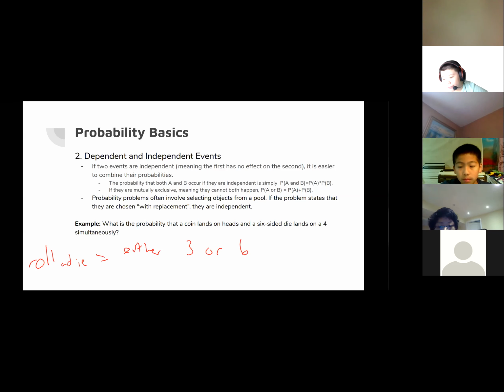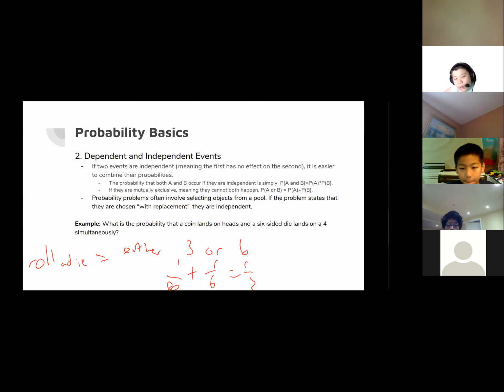It clearly can't be both 3 and 6. So the probability that one of them happens is 1/6, because that's the probability that you roll a 3, and 1/6 because that's the probability you roll a 6, and you add them to get 1/3. So that's just one short example.